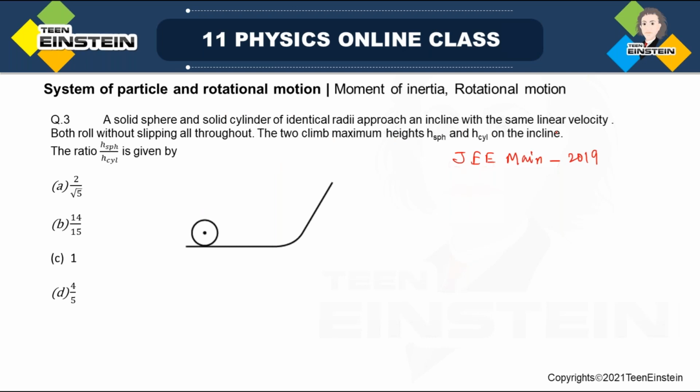That is the information we get from this point, and both roll without slipping all throughout. While it is climbing up this inclined plane, it is rolling without slipping.